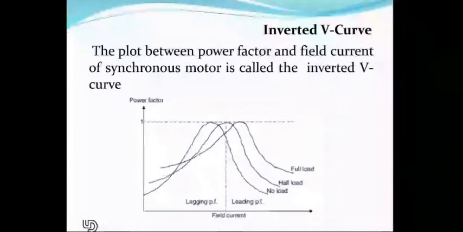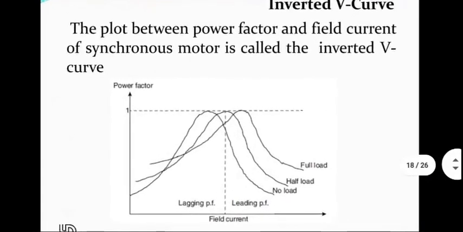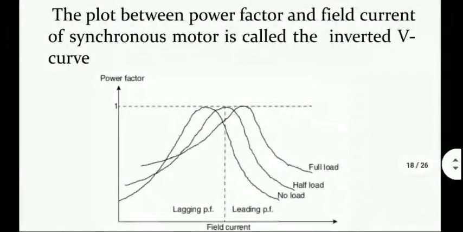The plot between load power factor and the field current is also important. It is called the inverted V type of curve. Again, nature of power factor matters, nature of load also matters, and so on.